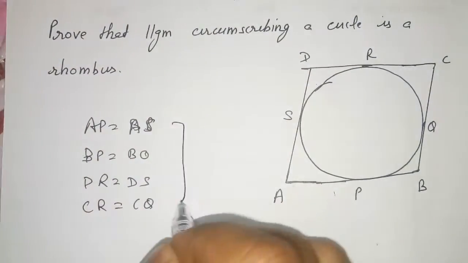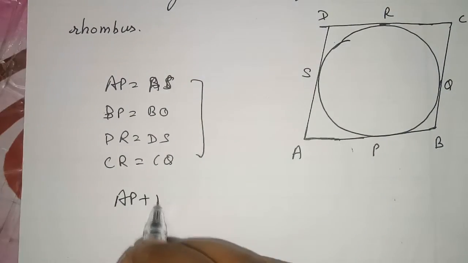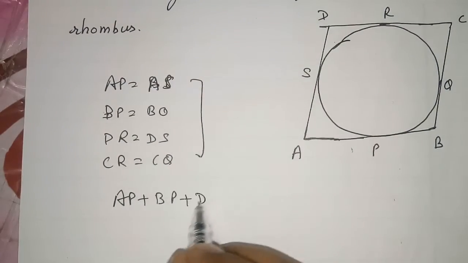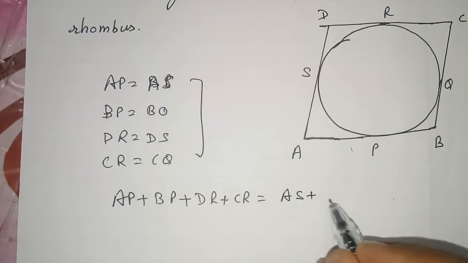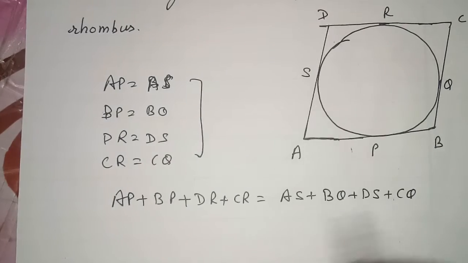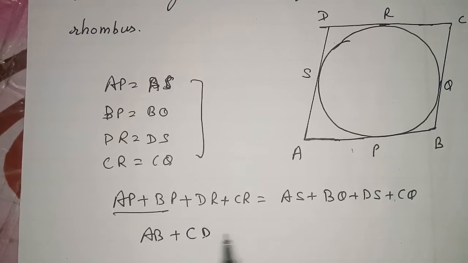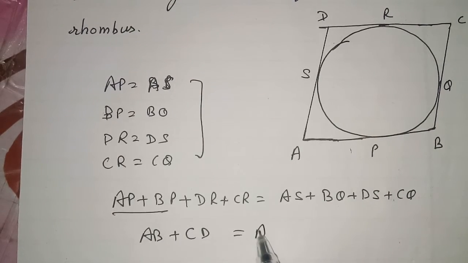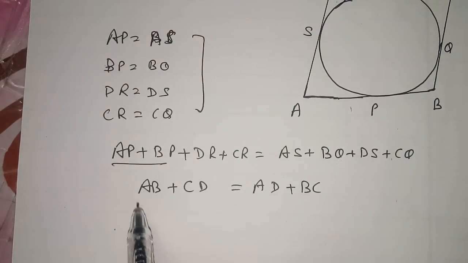These are the same conditions, and when we add these, we get AP plus BP plus DR plus CR equals AS plus BQ plus DS plus CQ, and the result we get is AB plus CD equals AD plus BC. This was the result in the previous question also.